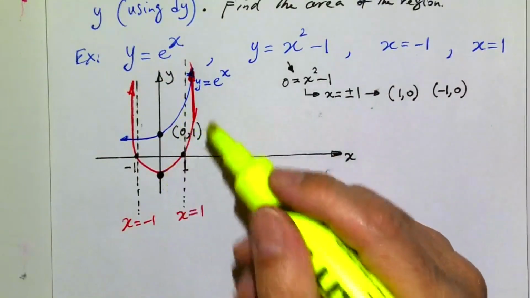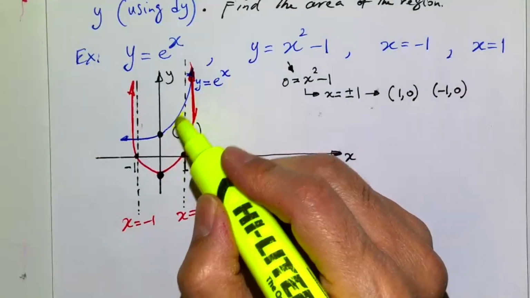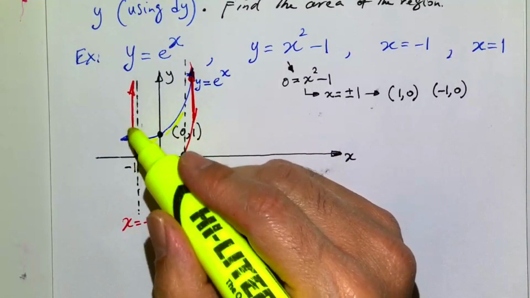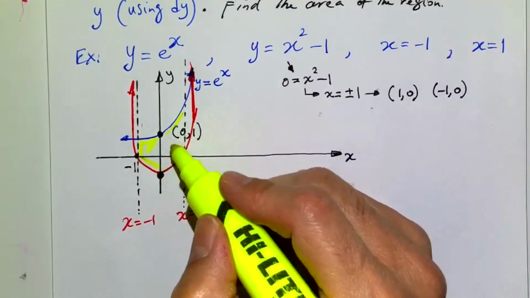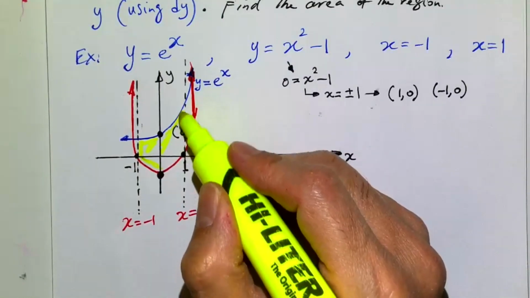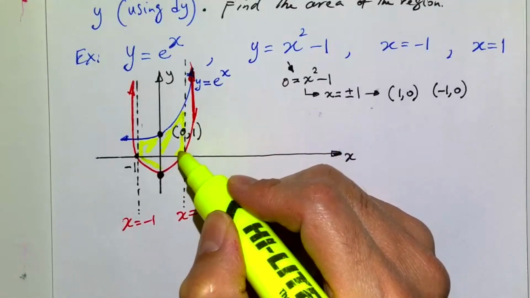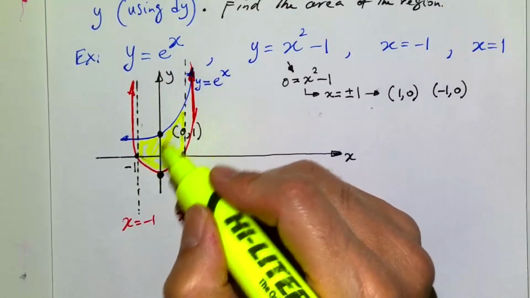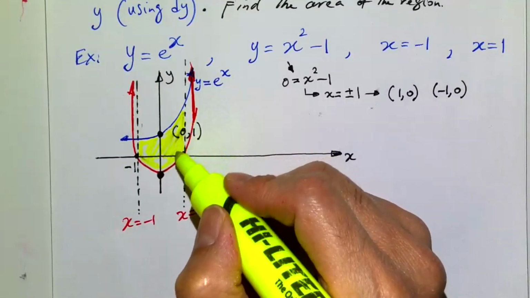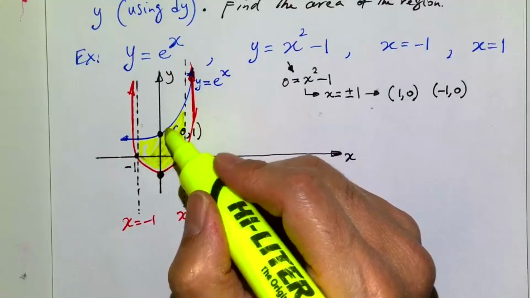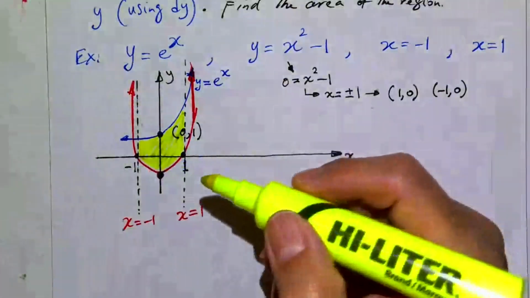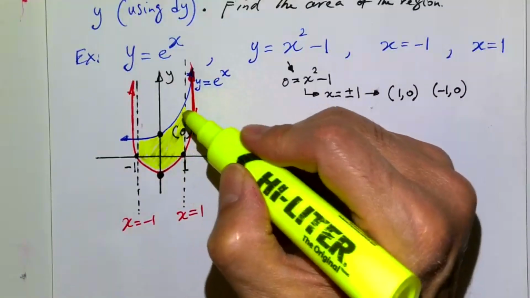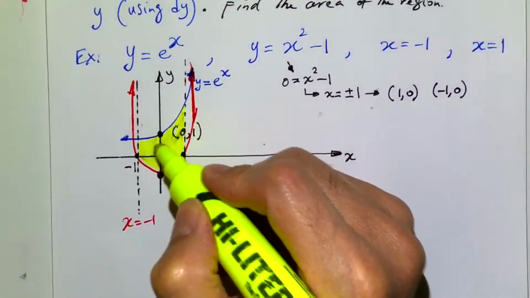So that would be below that, and here, to the right of this dashed line, and to the left of this one. And so that is the highlighted region we're trying to calculate. Okay, I think like that, all the way to that corner.